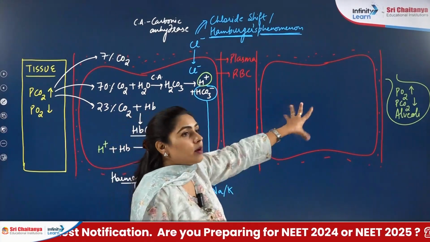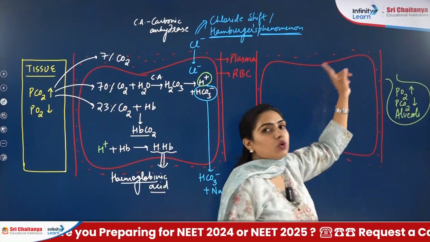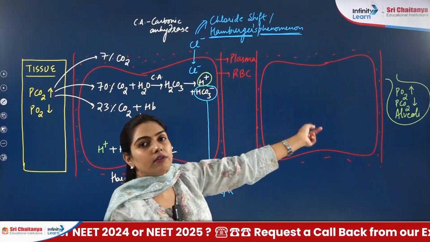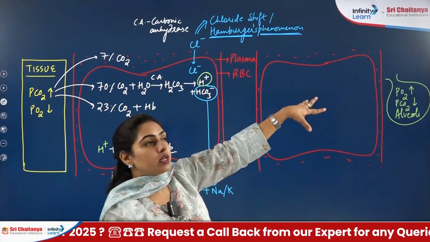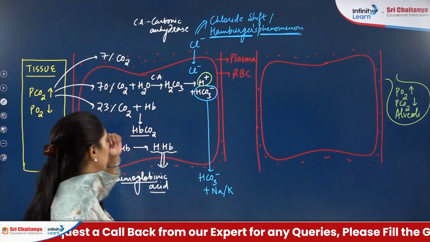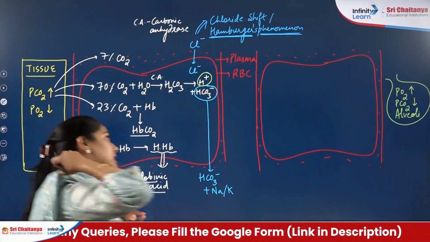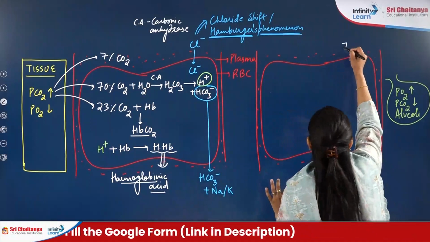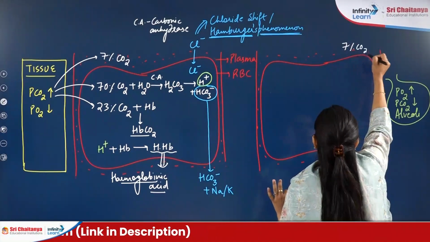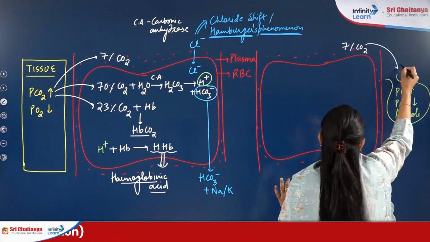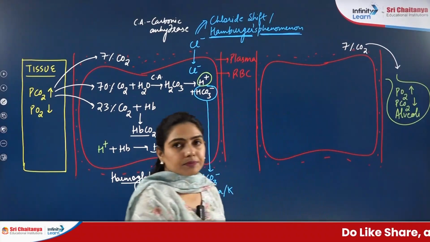So, definitely from here to here, the CO2 will diffuse. Now, how will it go? See, the 7% CO2 was present in the dissolved form. It will easily go because of the difference in partial pressure. This 7% will easily go into the alveoli.